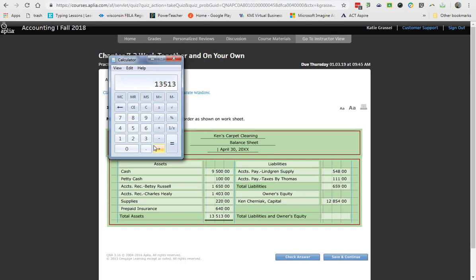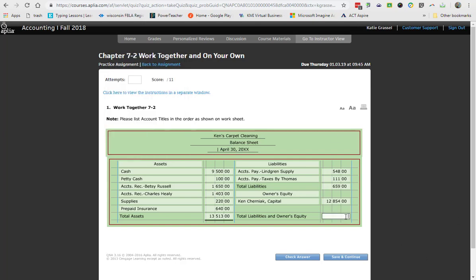I added these two, total liabilities and my capital. I didn't add all three because this number is already in your total of $659. So, when your total assets equal your total liabilities, owner's equity, you do a little happy dance because, whoop, your accounting equation equals.